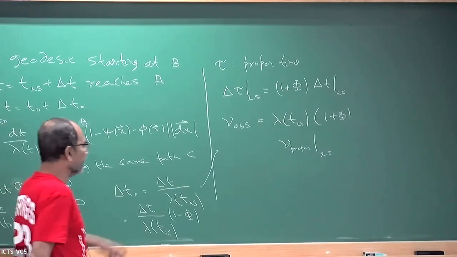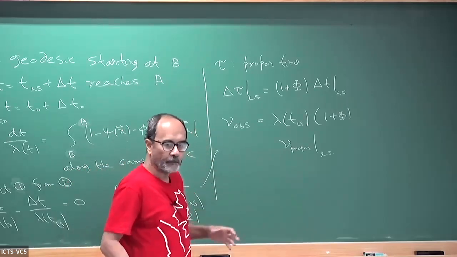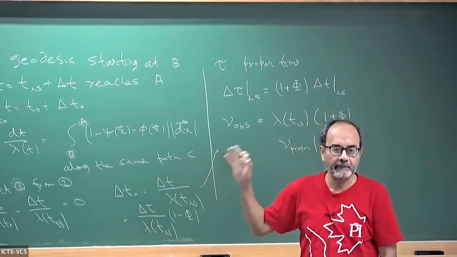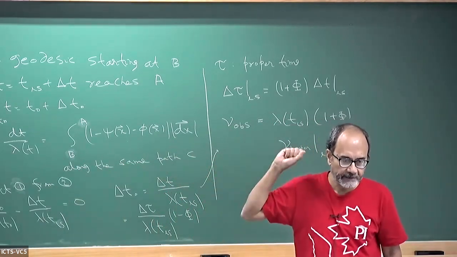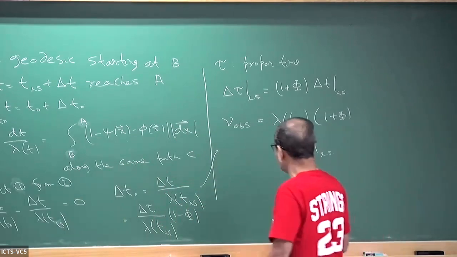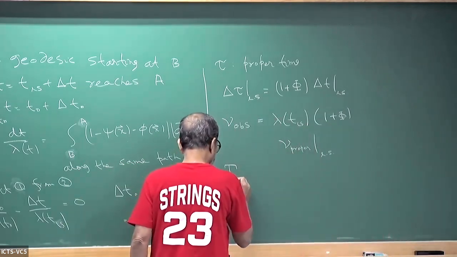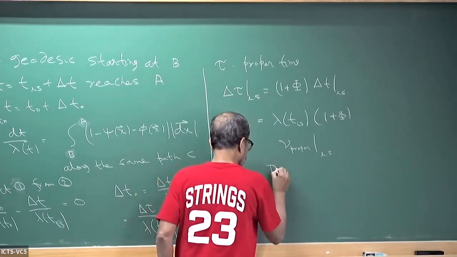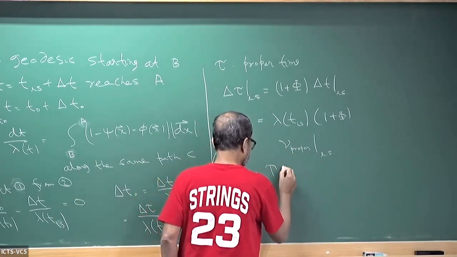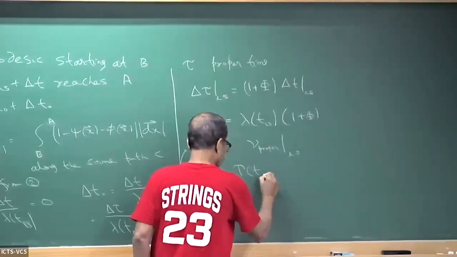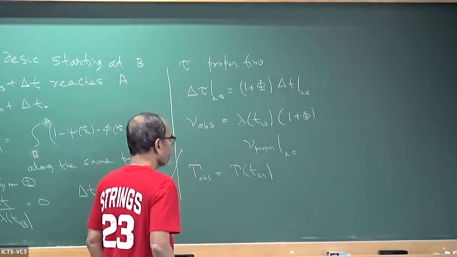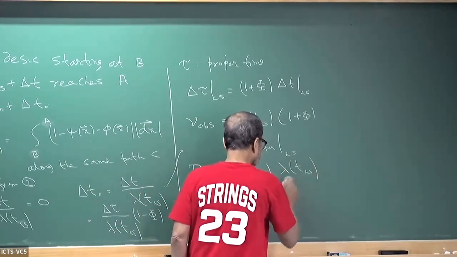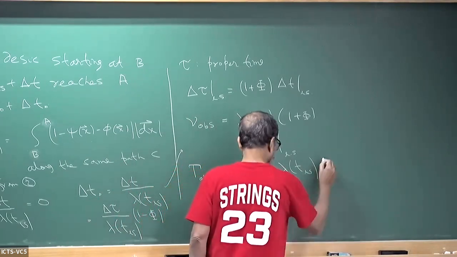So this allows us to relate the observed temperature to the temperature at the time of last scattering. So T observed will be given by T at the time of last scattering, lambda TLS, times 1 plus phi.